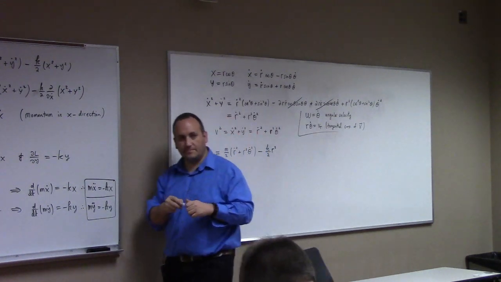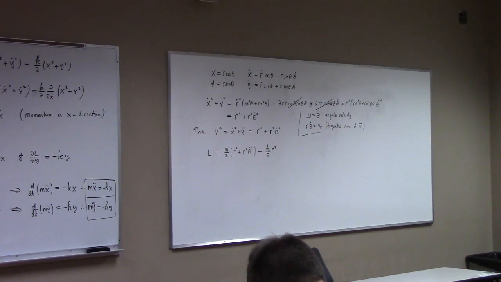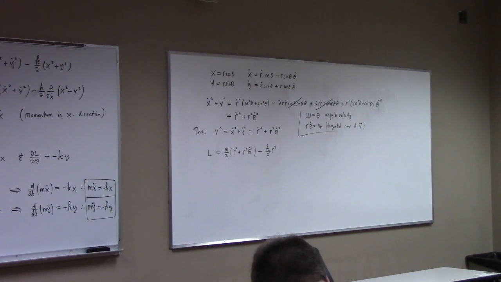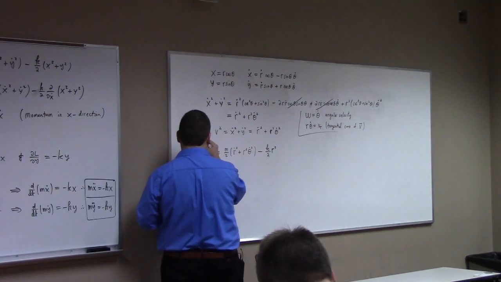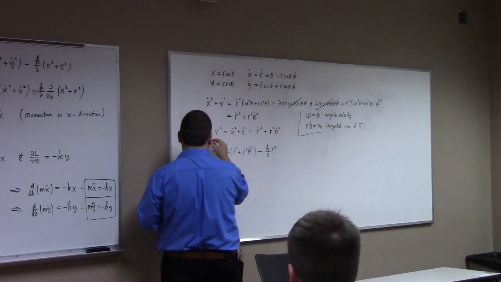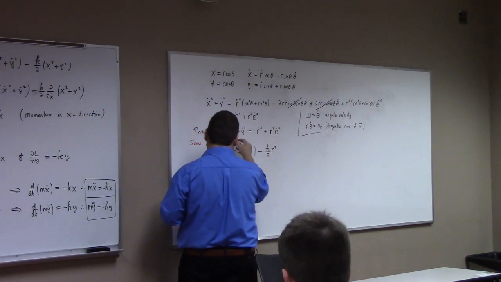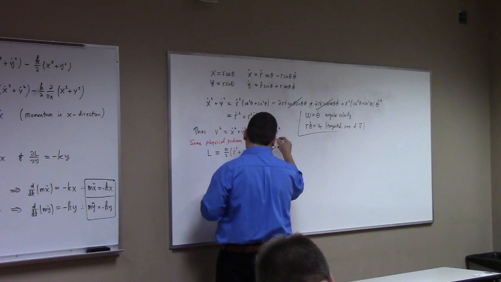Just r squared, right? So the Lagrangian for this spring on a nail rotating around problem is really quite pretty. Same physical problem, but in polars now, all right?